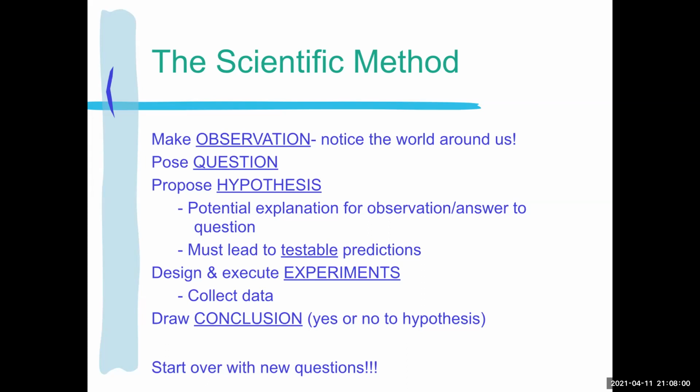A hypothesis is basically a potential explanation for what you observed, for the answer to the question. And in order to do science on it, you have to come up with some sort of testable predictions in that hypothesis. Otherwise it's just a thought exercise, which is wonderful and a lot of fun actually.